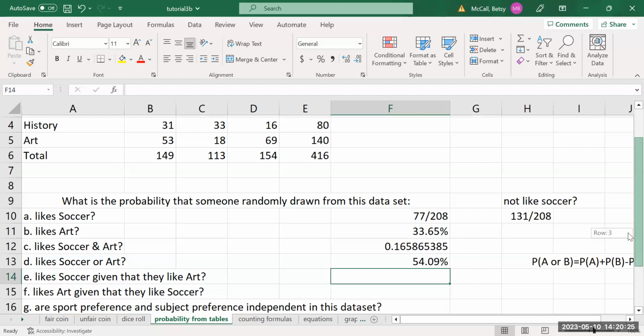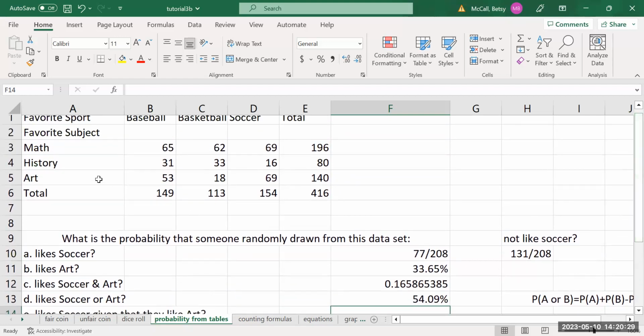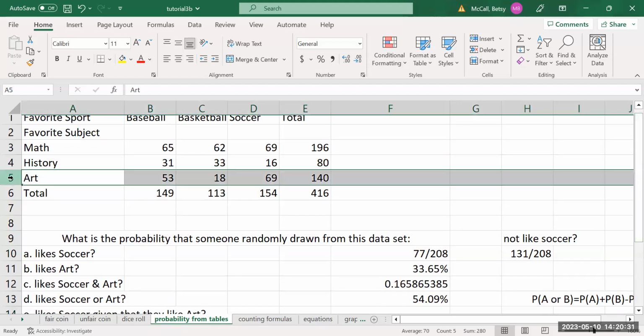So let's look back at our table. Like soccer, given that they like art. So given that they like art, we're starting just in the art category. And then we want to know how many of those people like soccer. So we're going to use the numerator to be that intersection again of soccer and art.